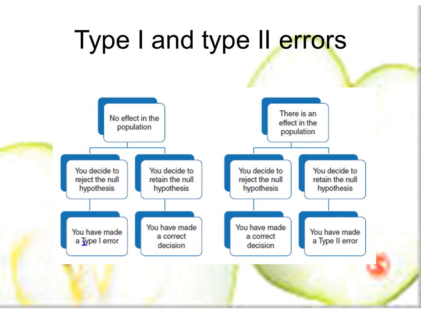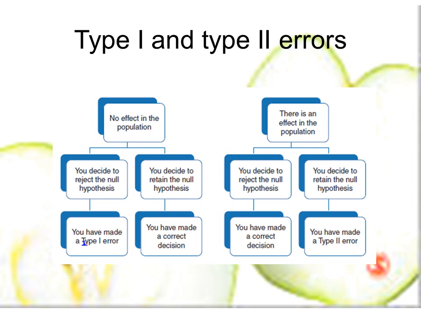You've made a type 1 error on that hypothesis. Looking at the same first display and looking at the right of that display, we're once again starting at the top. There's no effect in the population. So you decide to retain the null hypothesis. This is correct. You've made the correct decision, because if there's no effect, remember, if there's no statistical significance, you're going to retain that null hypothesis. You're going to agree with that null hypothesis, and you are going to accept it.